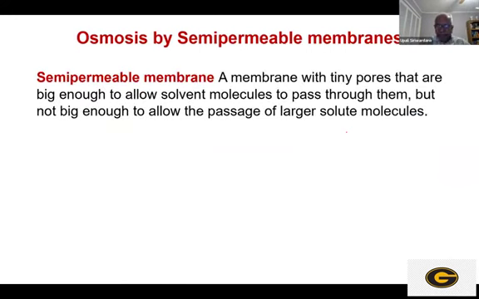A semi-permeable membrane is a membrane which has tiny pores. When you have a true solution made out of water, these tiny pores only allow water to pass through. Therefore, pore sizes are the ones that create the membrane.